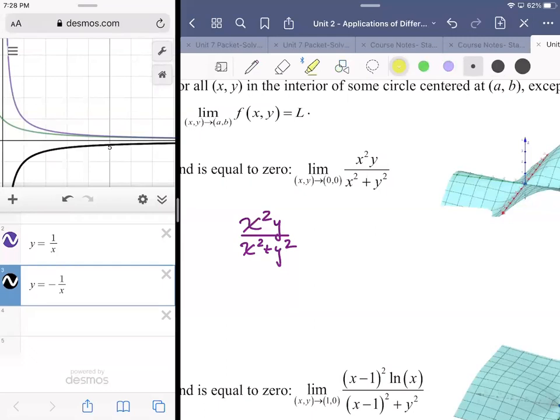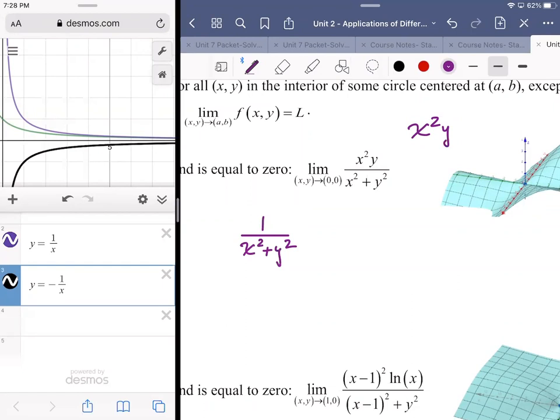I just need something that I know is going to be bigger than it and smaller than it. It's kind of weird to think about it that way, but the focus is going to be really on the denominator. So actually I'm going to strip out the numerator for a second and just leave a 1 in this place, and just focus on the parent function here, 1 over x squared plus y squared.